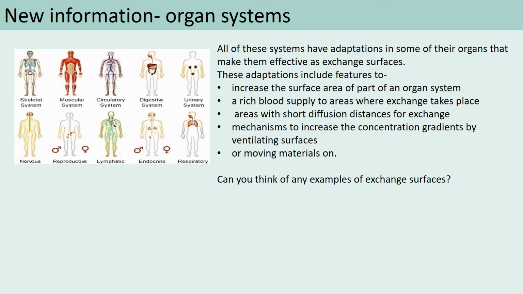Now, this comes up so many times in biology, surface area. So if you're ever in doubt in an exam question, try and link it to surface area. Many different organs will increase their surface area to make sure that they're getting as much as possible into the blood or out of the blood or out of the lungs and things like that.